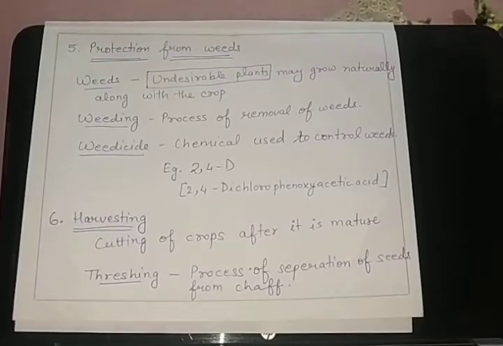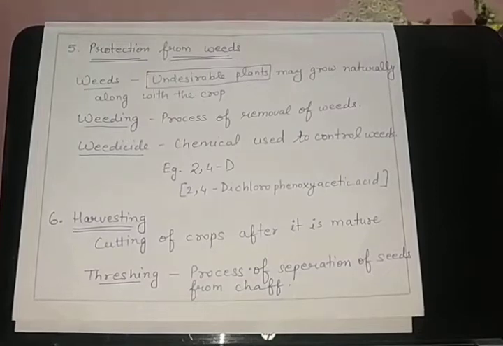Okay, can you tell me why removing the weeds is important, or why weeding is necessary? Yes, because like you had seen in the diagram, the maize plant was growing there and lots of other weeds were also there.